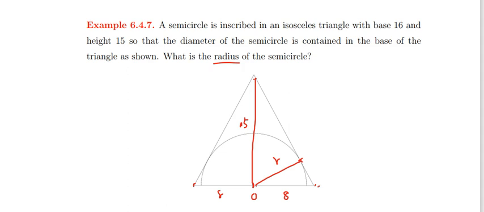So the key point is this: large triangle, large triangle, large triangle. Suppose this point is A, O, B, suppose this is C, this point is D.